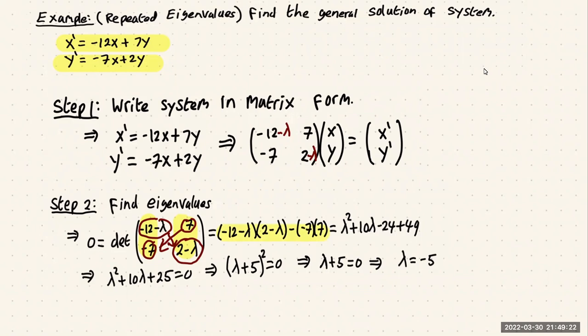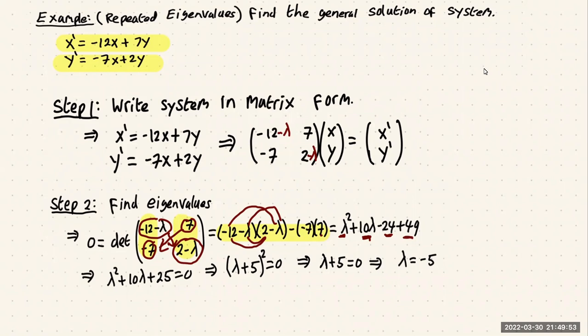Then multiplying this out, we'll have our negative lambda times negative lambda gives me a lambda squared here. Then we'll have negative 12 times negative lambda be 12 lambda, then minus 2 lambda, so that gives me the 10 lambda here. And then minus 12 times minus 2 be minus 24. Then minus 7 times minus 7 with another minus in front gives us plus 49.